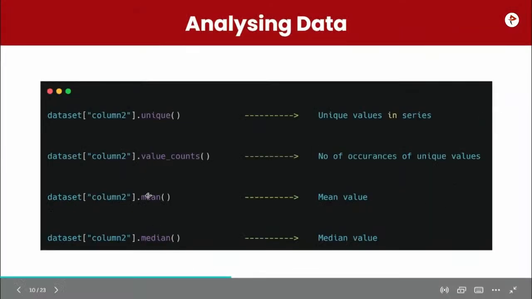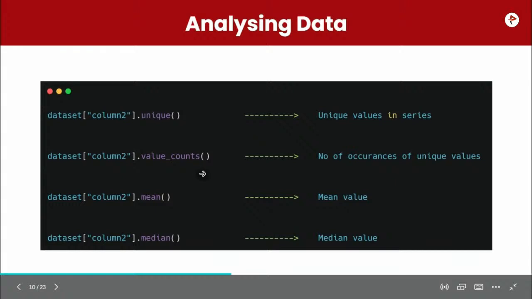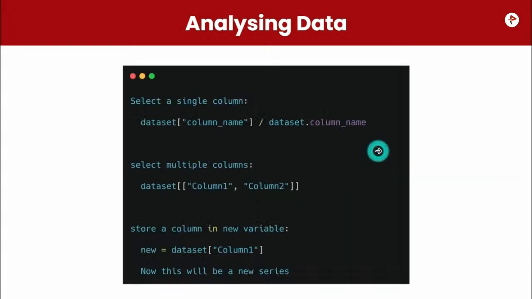Furthermore, before seeing this, let us go and see how to select a single column. For that, you can call the name of the data set where you are storing your data. Inside square brackets we pass some index number to get the output.